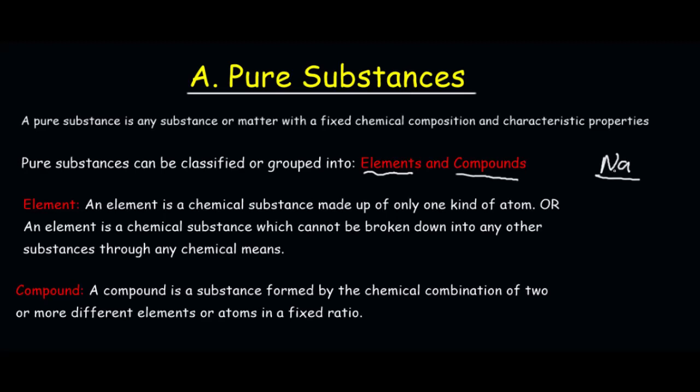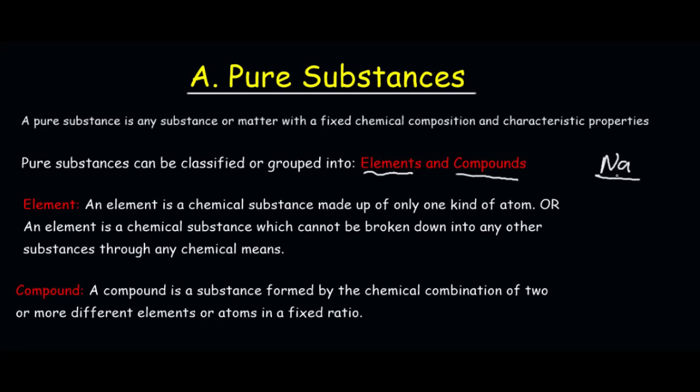Because of that, we say that this is an element, because it is only made up of sodium atoms. It doesn't contain any other atom. It is made up of only one kind of atom. So that is what you call an element. An element is defined as any chemical substance made up of only one kind of atom.